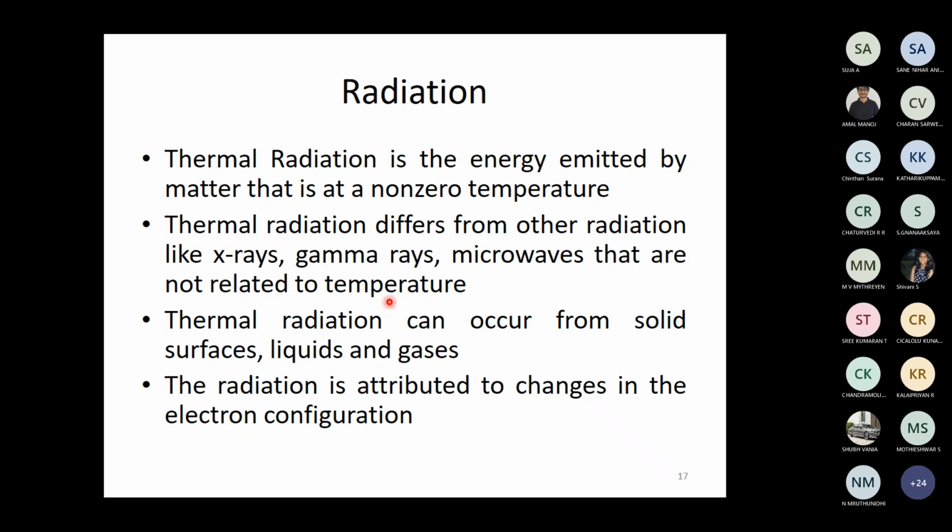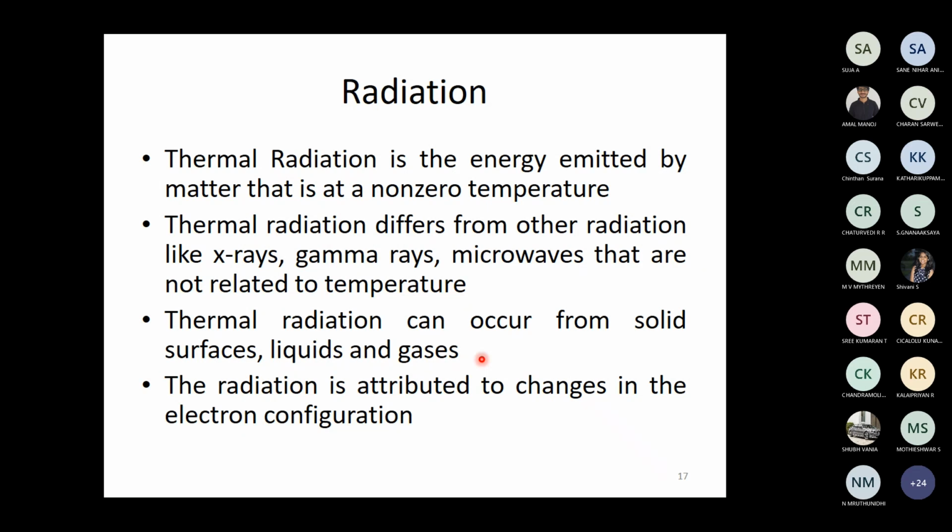Likewise, there are X-rays and gamma rays, which are a part of the entire spectrum. All these things we shall see when we study radiation heat transfer in the later modules. Thermal radiation can occur from solid surfaces, liquids, and gases. So all phases of matter can radiate heat.